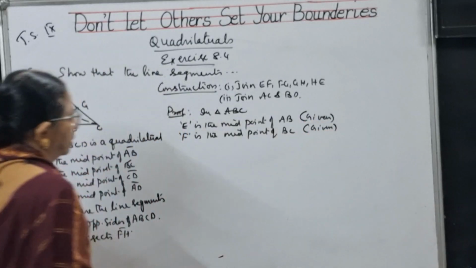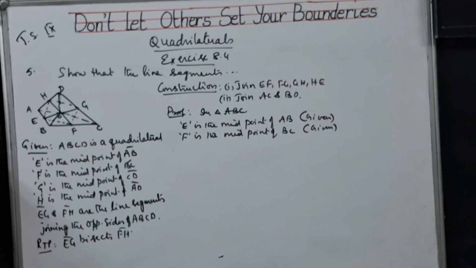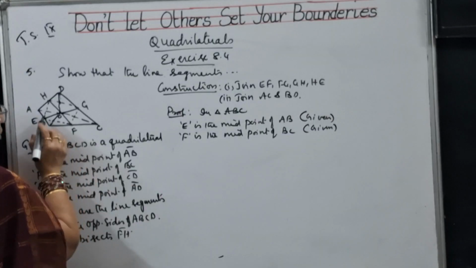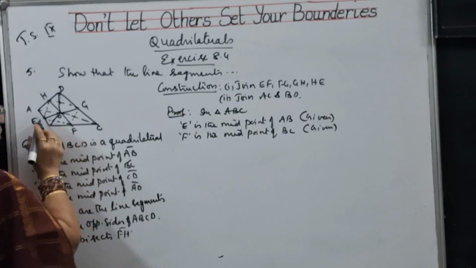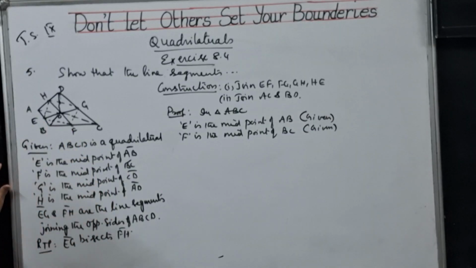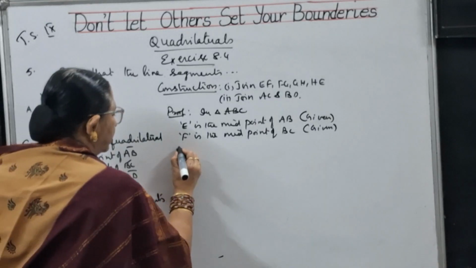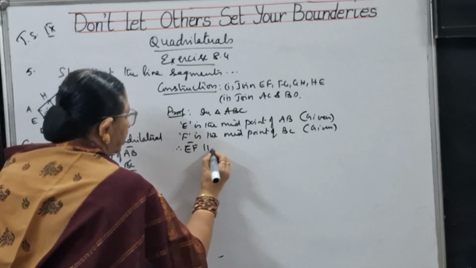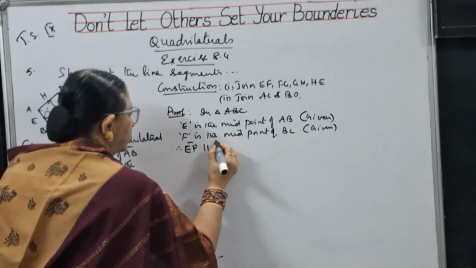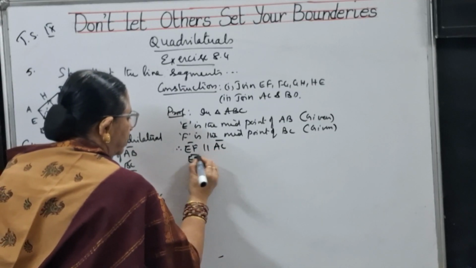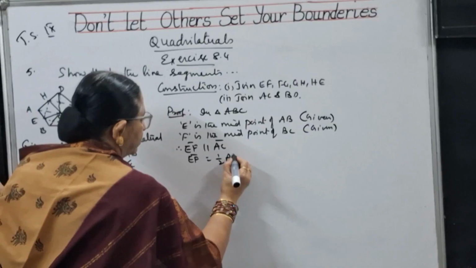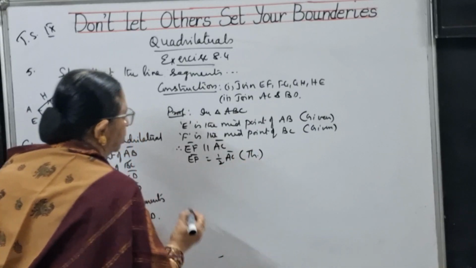So EF is the line segment joining the midpoints of two sides of the triangle, so it is parallel to the third side and also half of the third side. This is the property. Therefore EF is parallel to AC and EF is half of AC, based on the theorem which you have learned.